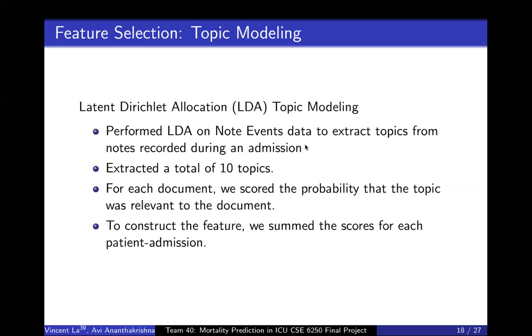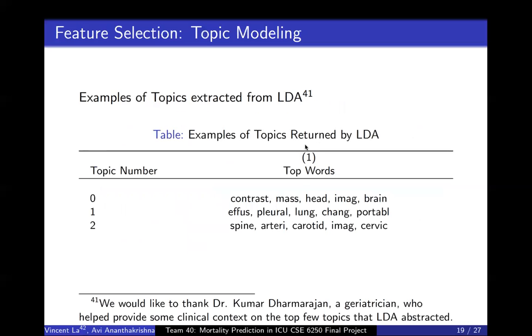We actually validated these topics. Something pretty interesting was that we spoke to a doctor, a geriatrician, who looked over these topics to provide us a little more clinical sense of what is being returned by the model. The way LDA works is that it returns topics comprised of words associated with each document.